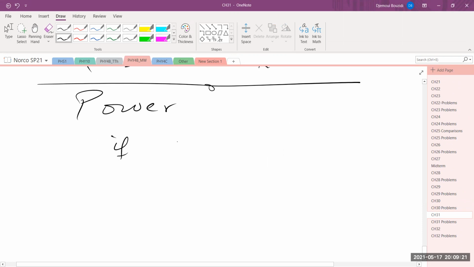If, let's say, for example, the power source is V naught sine of omega t, it doesn't matter which one you write, sine or cosine at this point. So if this is the power, then we know that the current in the circuit will be shifted by an amount that is going to be phi in this case.